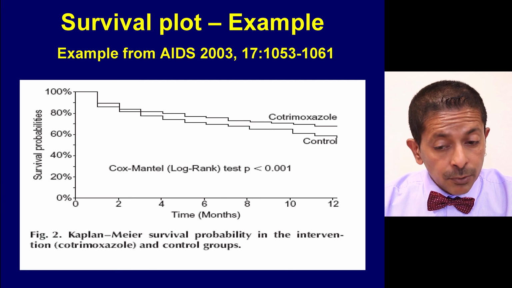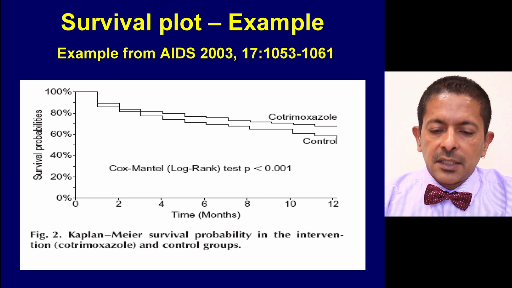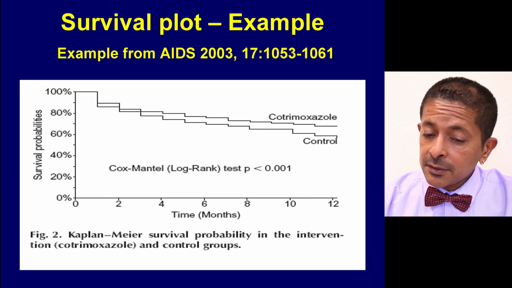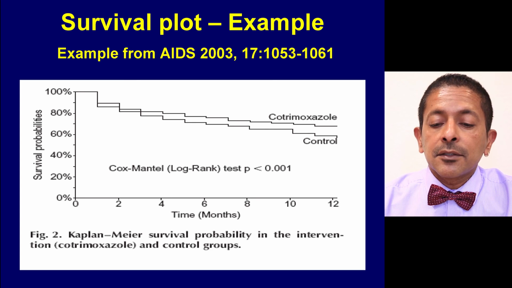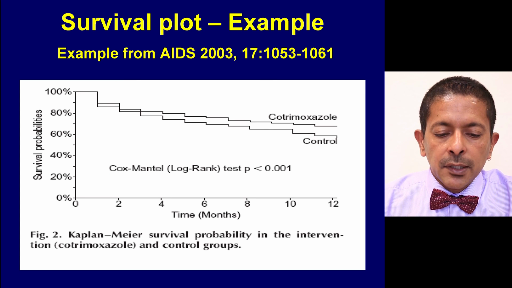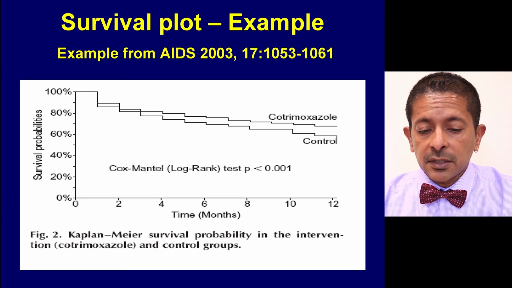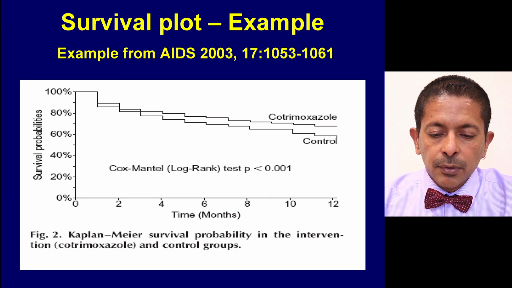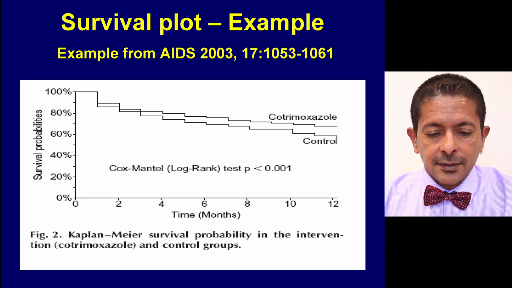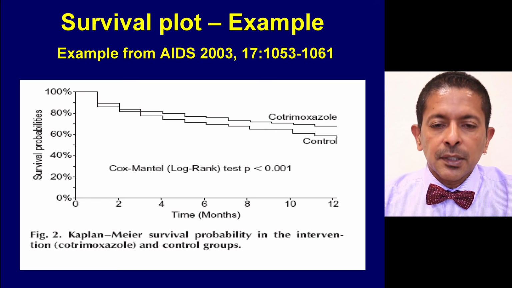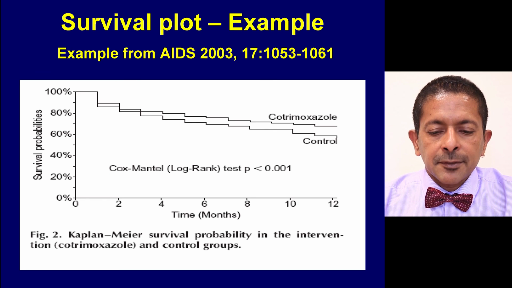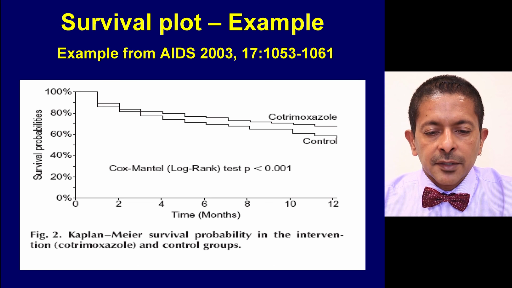And in the cotrimoxazole arm, there is a better survival effect, or more people are surviving, less are dying, than in the control group. And if you look at the Cox-Mantel log rank test, which is a simple significance test in the middle of the plot, it is very highly significant. That is simply the key aspects of the anatomy of a survival plot.